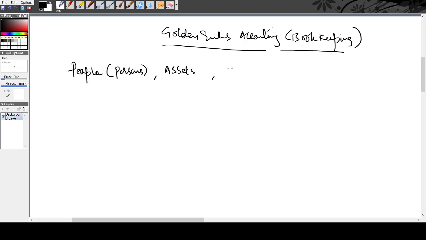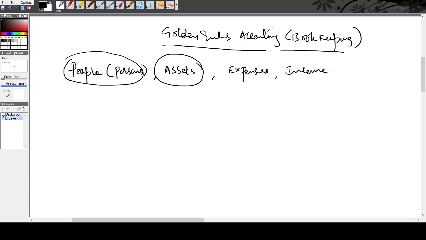We are going to deal with expenses incurred by the business and the incomes generated by the business. So in a business, we are generally going to deal only with these three things: persons, assets, expenses and incomes.